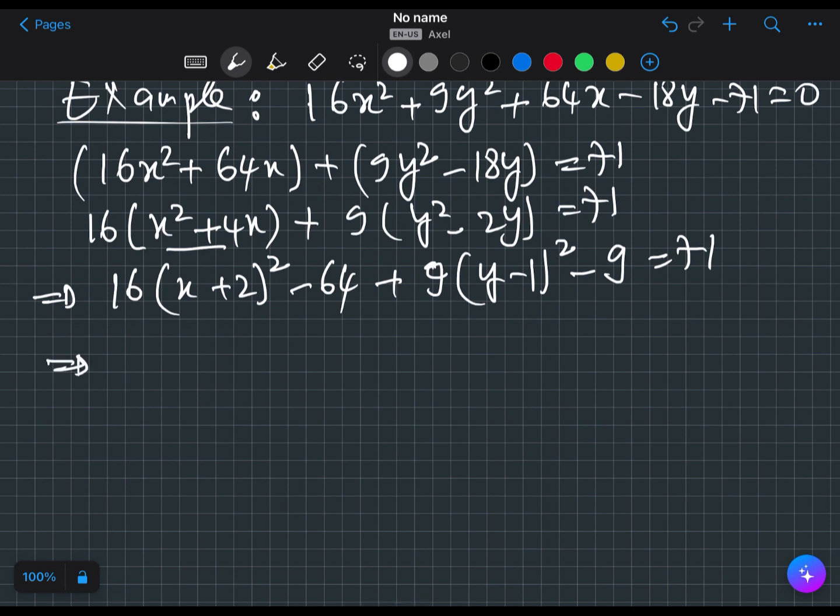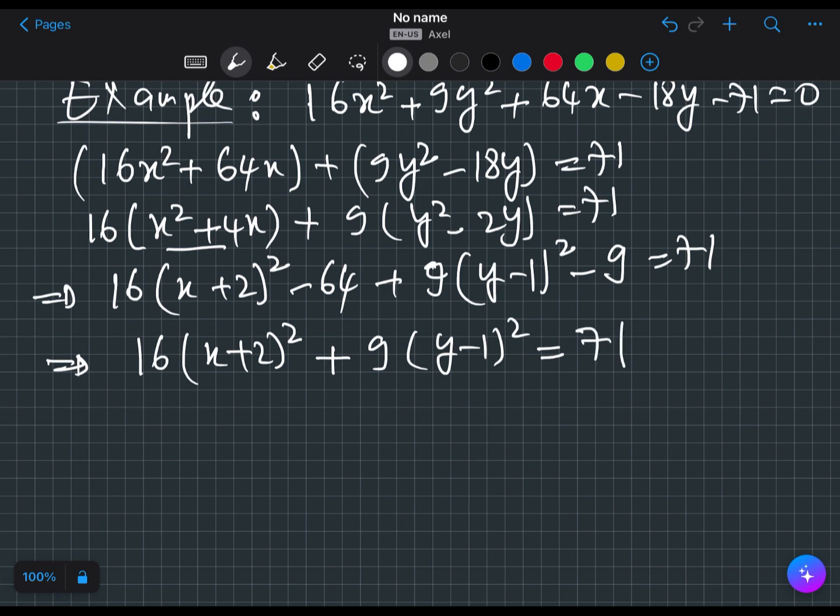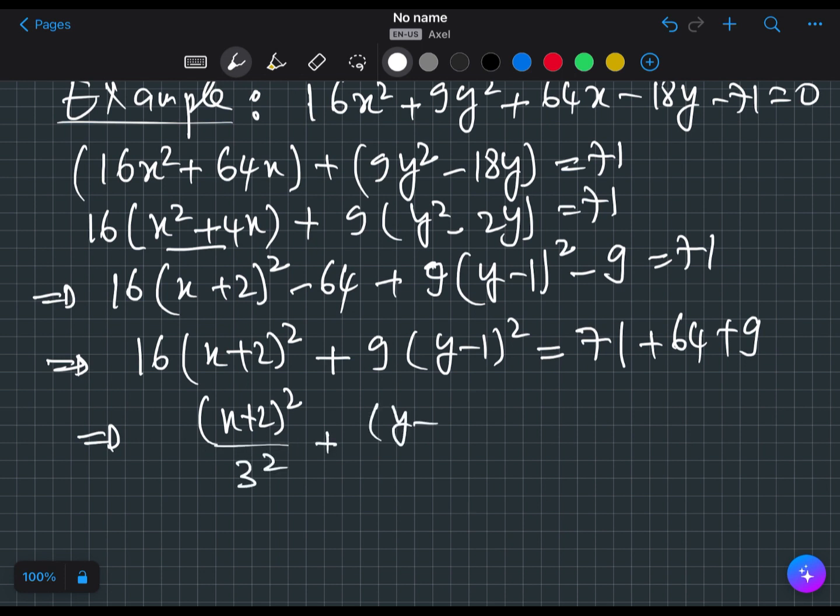Now, this will also be equal to 16(x plus 2) squared plus 9(y minus 1) squared equals 71 plus 64 plus 9. So if we do the division, we get (x plus 2) squared over 3 squared plus (y minus 1) squared over 4 squared equals 1.